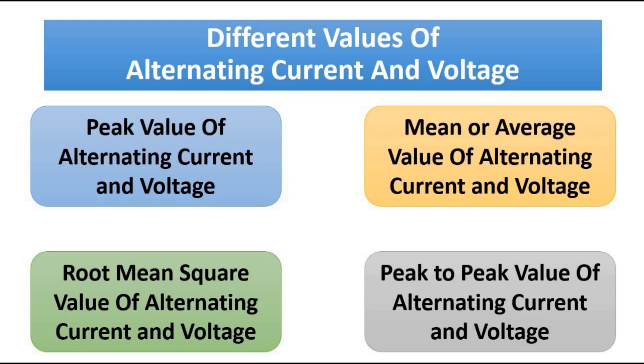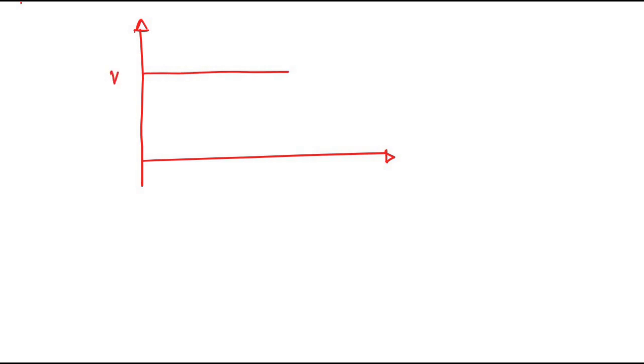Whenever we are analyzing a DC parameter, it is simple. Why? Because the parameter is fixed in terms of magnitude and direction. So simply by giving us the value of the voltage or current magnitude, it conveys almost all the important details related to it.